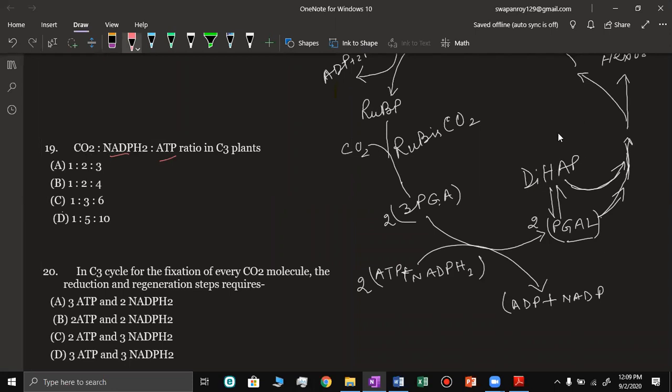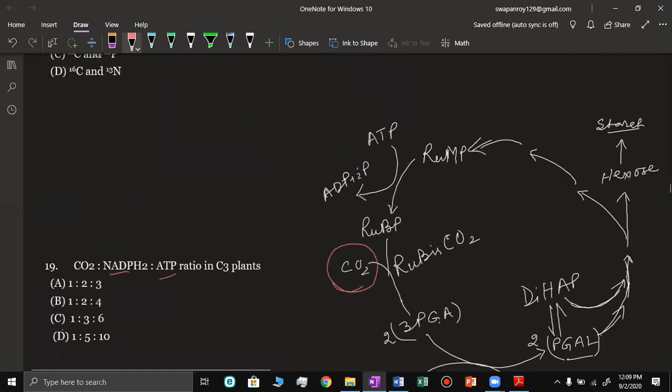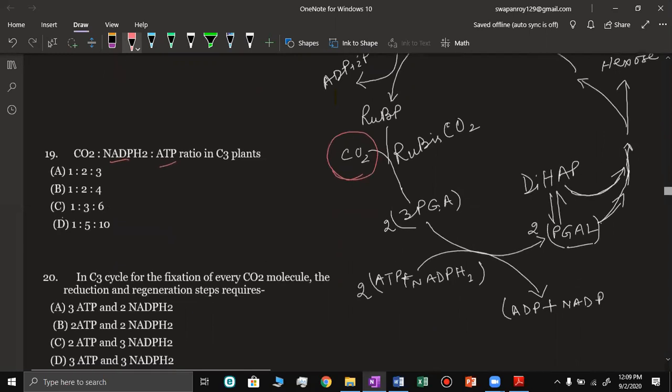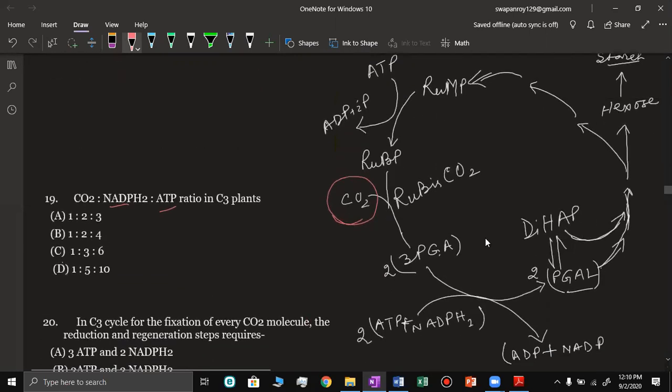Actually, in the dark reaction of normal plants, in the Calvin cycle, for one molecule of carbon dioxide to be reduced into sugar, it requires 2 ATP and 2 NADPH2, and one more molecule of ATP is required for the regeneration of RuBP.